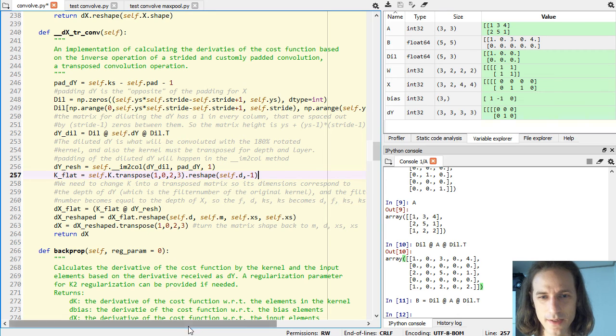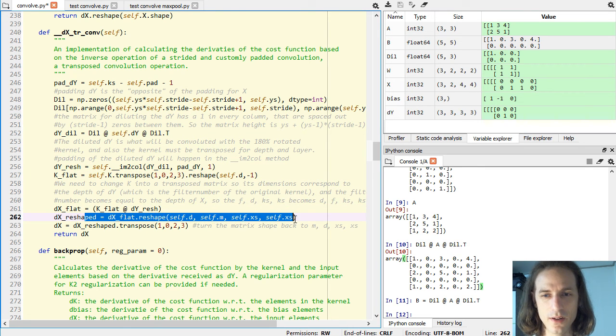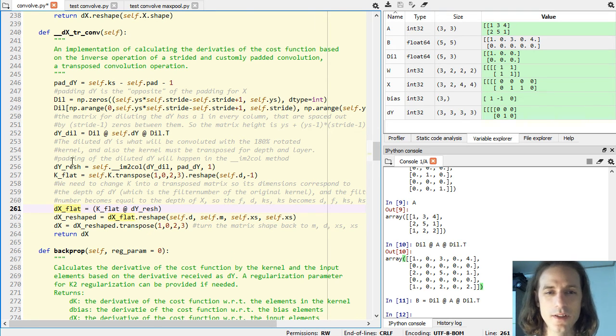So which is basically doing a convolution. We flatten, do the matrix operation, then reshape back to the original shape. So that's how we get the flat dx. This is almost the same as what we do with the convolution.